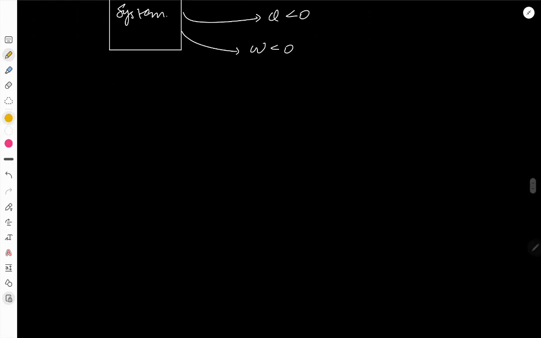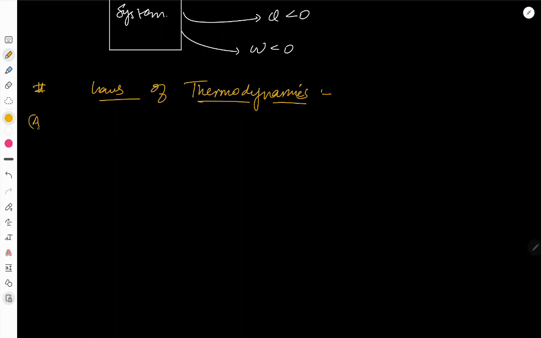So now let us understand some basic formulas. So there are laws of thermodynamics, and there are three laws of thermodynamics, and we are going to study the three of them.